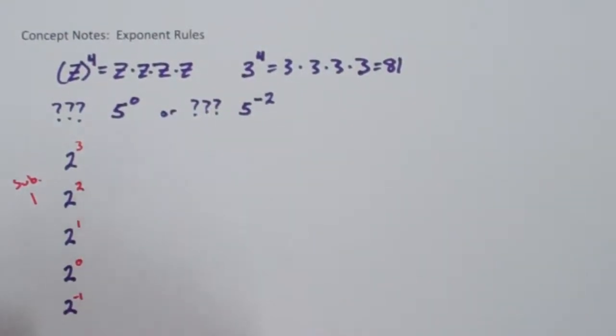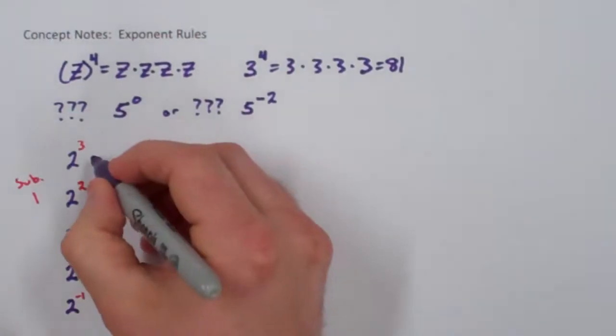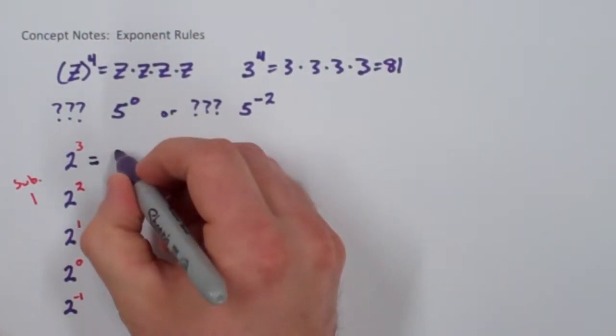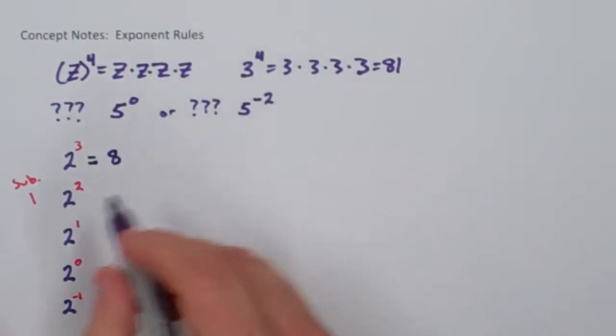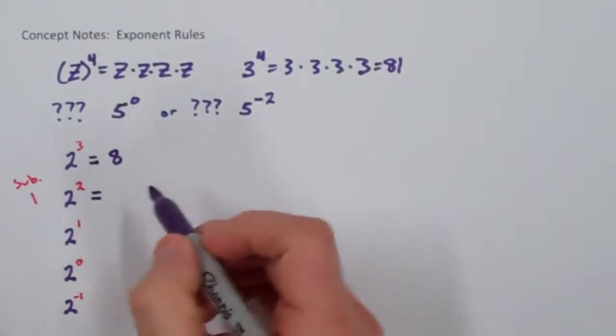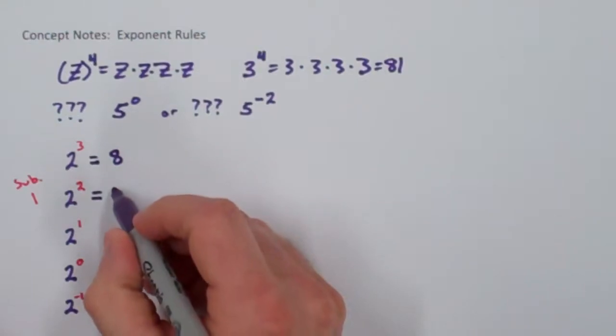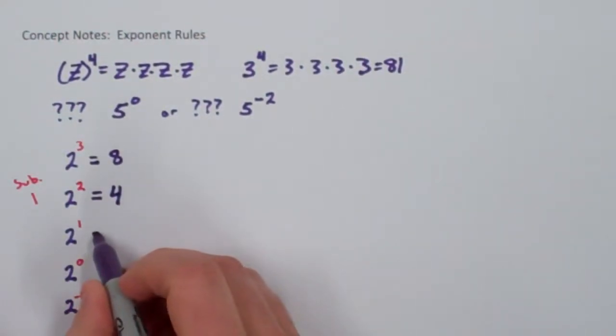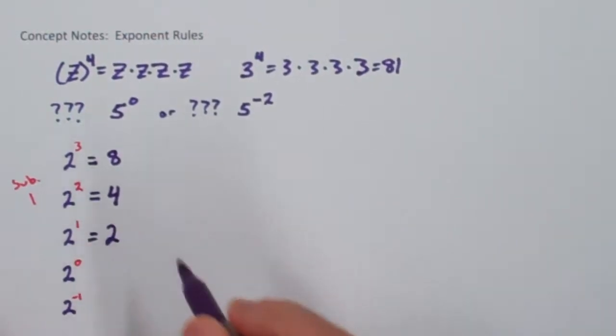If we take a look at what these things are actually equal to, this is 2 times 2 times 2, which would be 8. 2 squared would just be 2 times 2, or 4. 2 to the first power is 2 times itself only once, which is just 2.